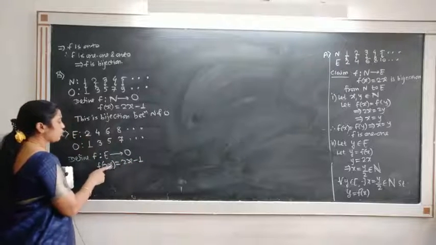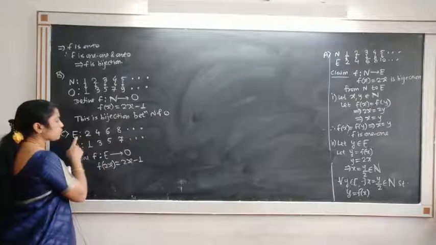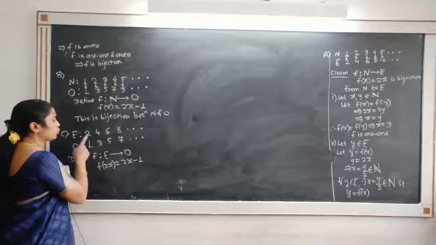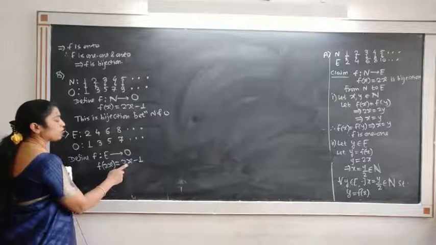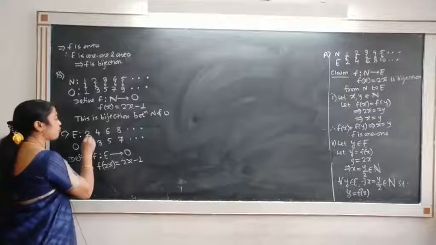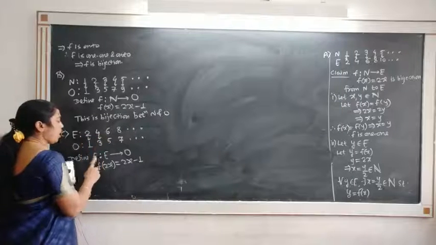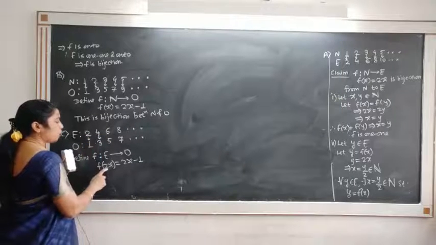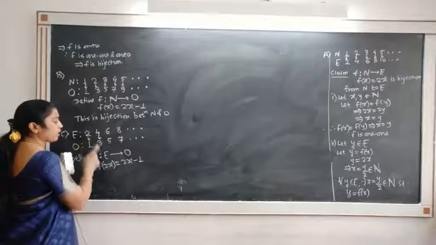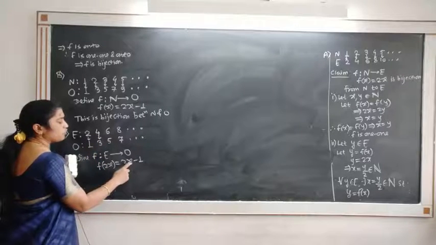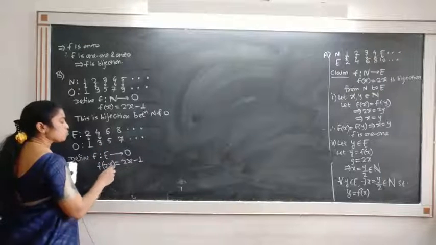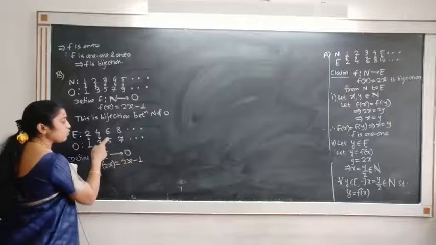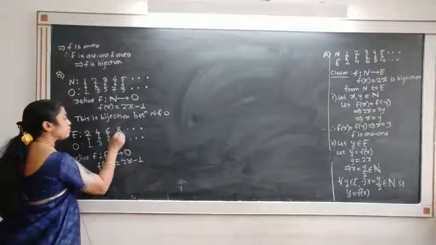Where does 2x come from? E. That is, if 2x is equal to 2, x is equal to 1, so we get 2 minus 1; it will be mapped with 1. When 2x is equal to 4, that is x is equal to 2, 2 into 2 minus 1 is 3. So 2x is always mapped with 2x minus 1.